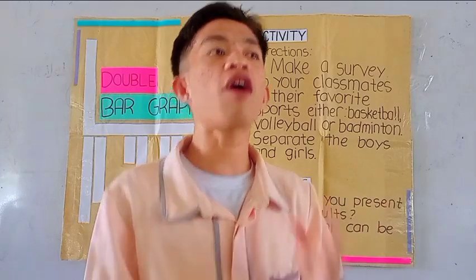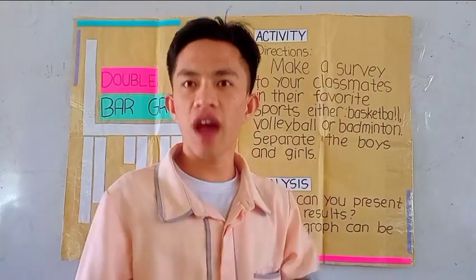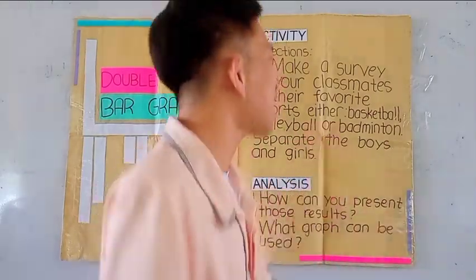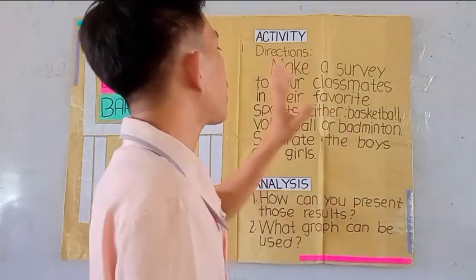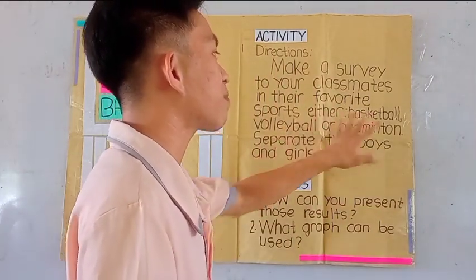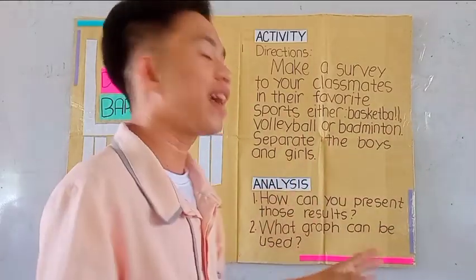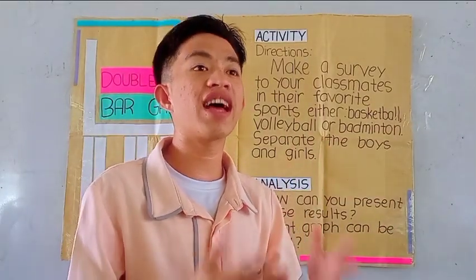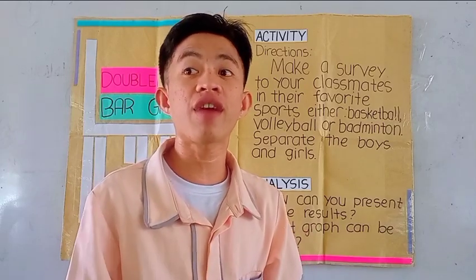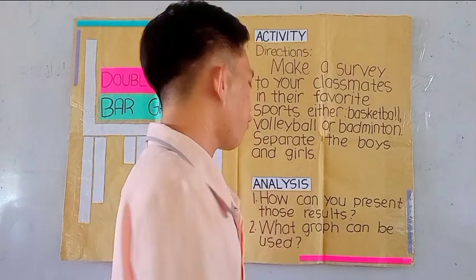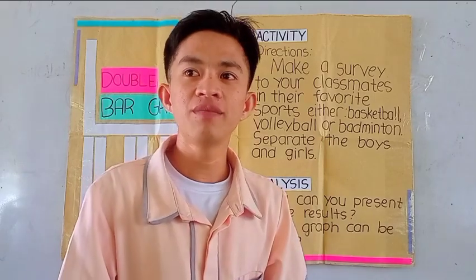Only a few. How about badminton? So none of you wants to play badminton. So with that, make a survey of your classmates on their favorite sports, either basketball, volleyball, or badminton, and then separate the boys and girls. Got it? Write the results that you gather on one whole sheet of paper. Okay, are you done?